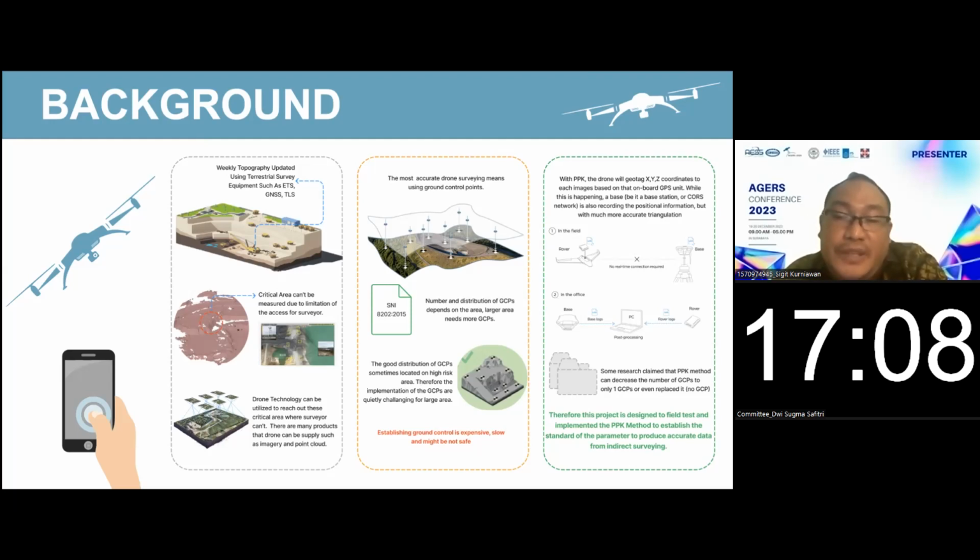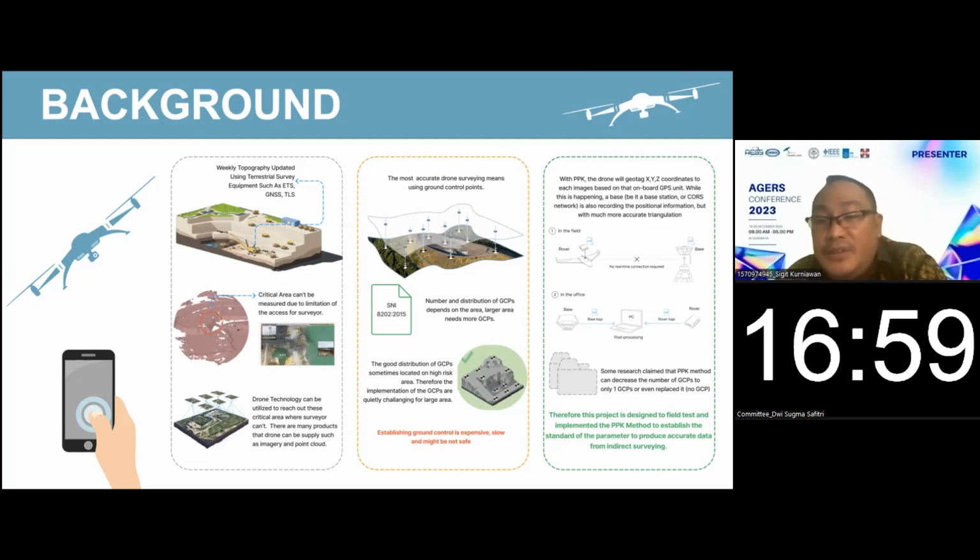Therefore, implementing GCPs is greatly challenging for large areas. Establishing ground control is expensive, slow, and may not be safe.